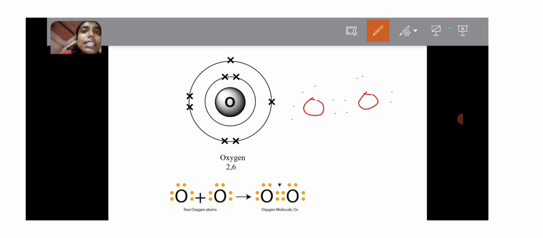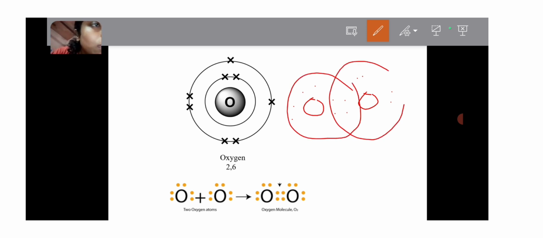So if these combine with each other, both the oxygen atoms can share the electrons. By sharing two pairs of electrons, they will attain stability. If we consider this circle, we can see that there are 8 electrons in the outermost shell of one oxygen, and in the other oxygen atom also there are 8 electrons.